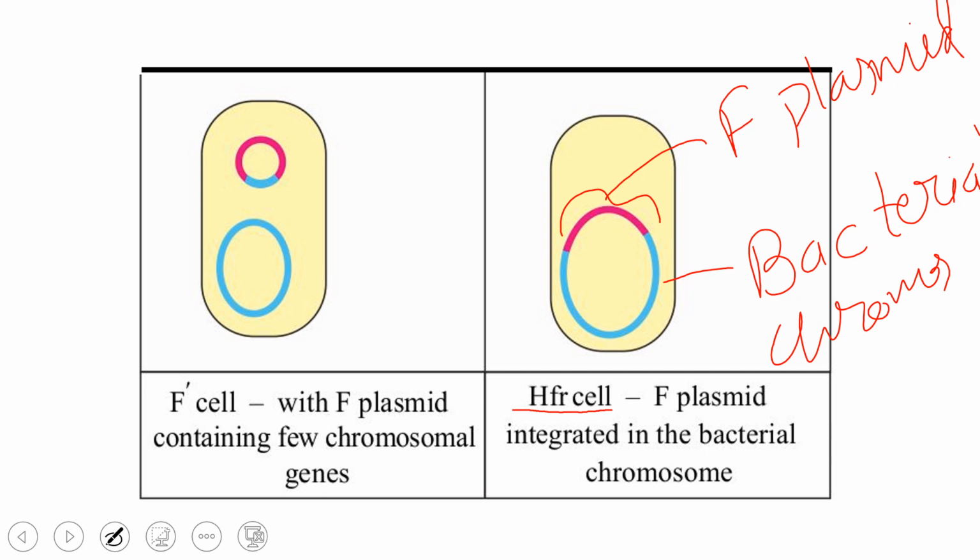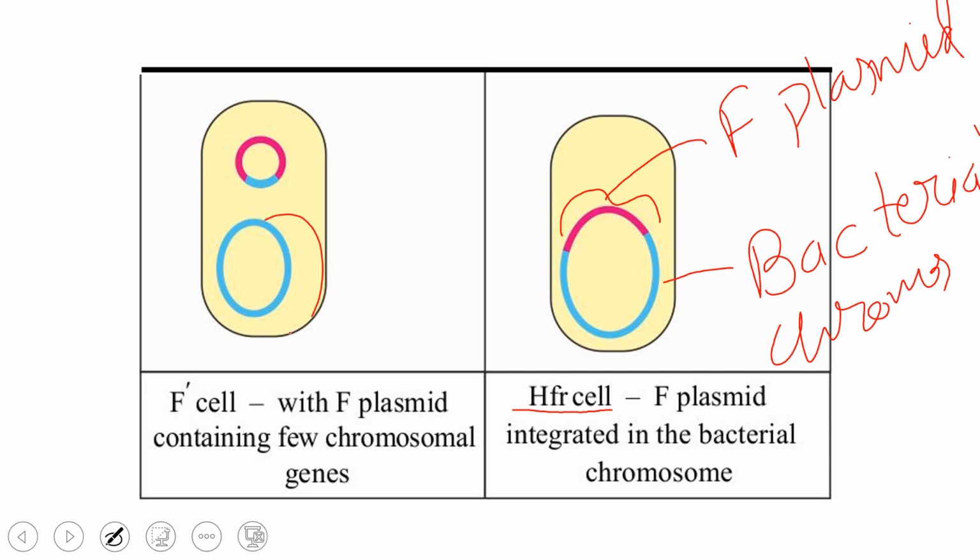Next is the F prime cells. After the formation of HFR, some bacteria have the capacity in which the integrated DNA becomes separated. During the separation, in some cases only the F plasmid is separated, but in other cases the F plasmid goes along with part of the bacterial chromosome.